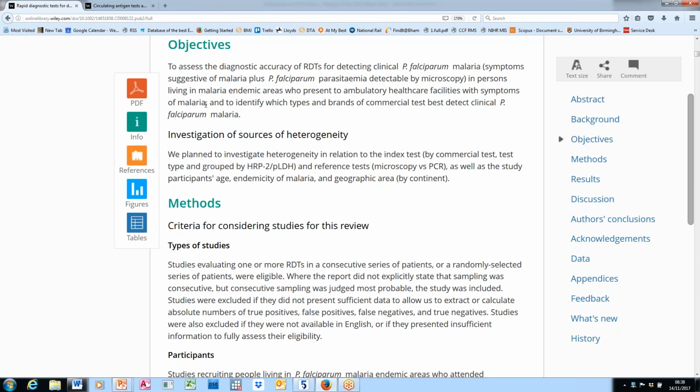Our index test, well, it's got a whole group of rapid diagnostic tests. There's many different types of these tests, and we're going to compare them. So this is including both our index test and our comparisons. And our target condition is clinical P. falciparum malaria, which is symptoms plus the identification on microscopy.